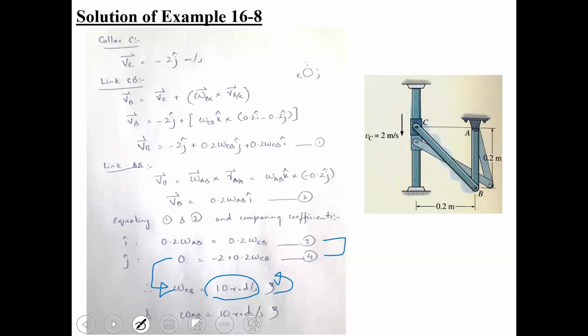Similarly, putting the value of omega in equation number 3 would give you omega AB to be equal to 10 radians per second again. And since again this value comes out to be a positive quantity, it means that at this instant both these links are moving with counterclockwise angular velocities of 10 radians per second.